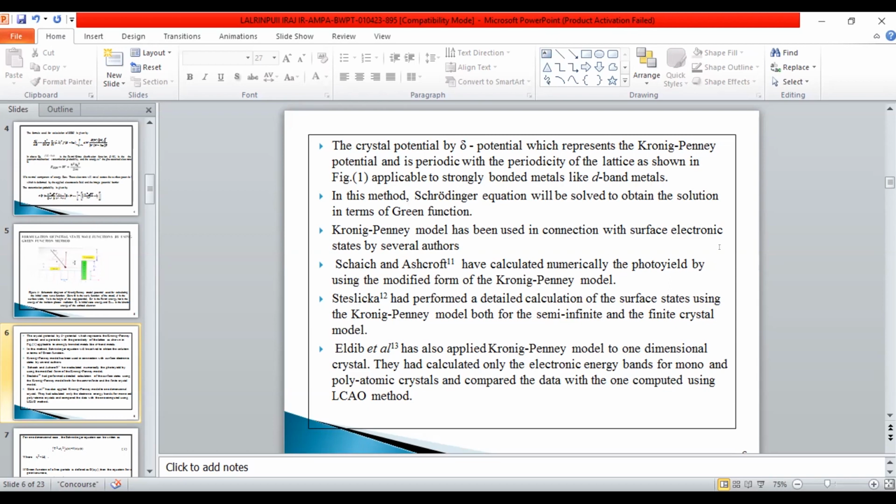Eldip et al. have also applied the Kronig-Penney model to a one-dimensional crystal. They had calculated only the electronic energy band for the mono and polyatomic crystal and compared the data with one obtained using the LCAO method.